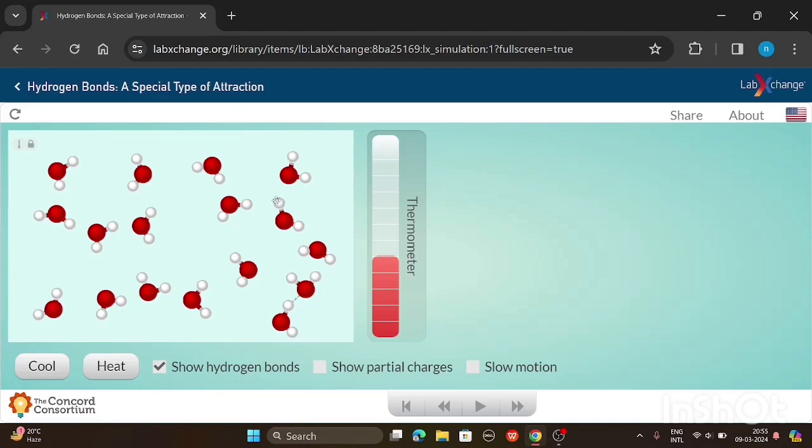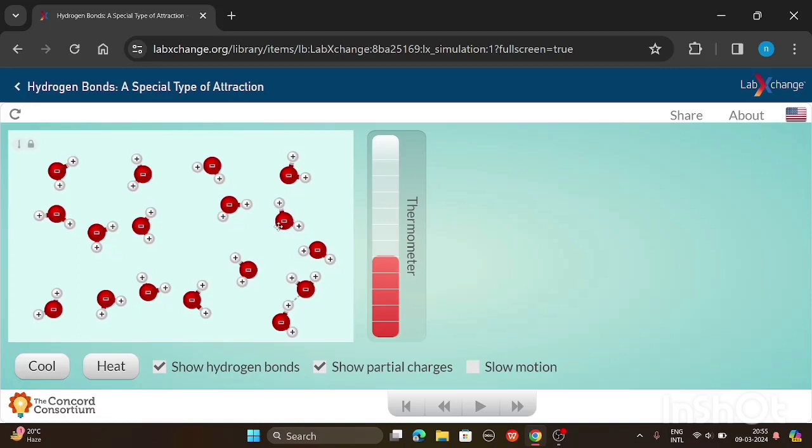Hydrogen gets a partial positive charge, and oxygen gets a partial negative charge. There is a double partial negative charge on oxygen because there are two hydrogens. If we click on show partial charges, you can see that oxygen has a negative charge and hydrogen has a positive charge.